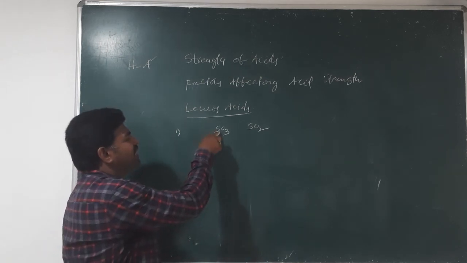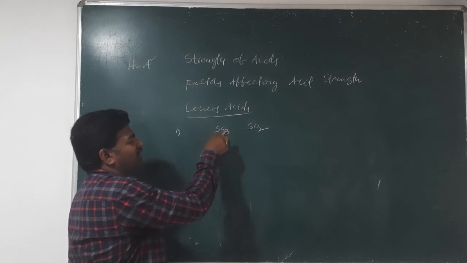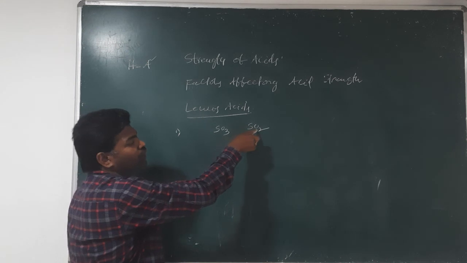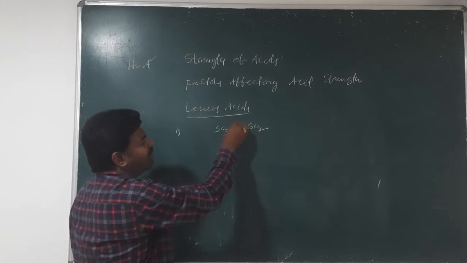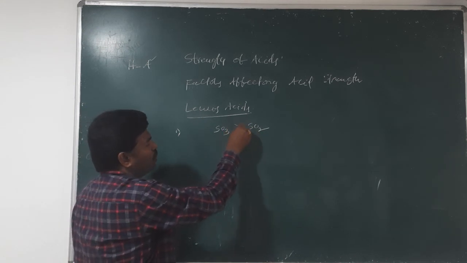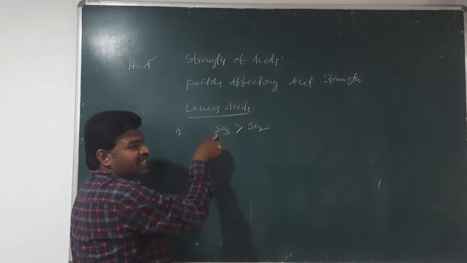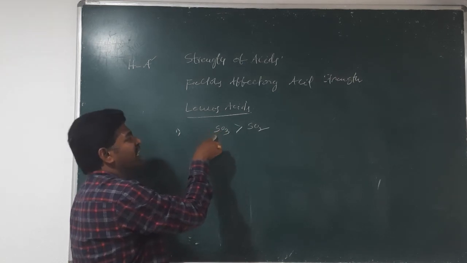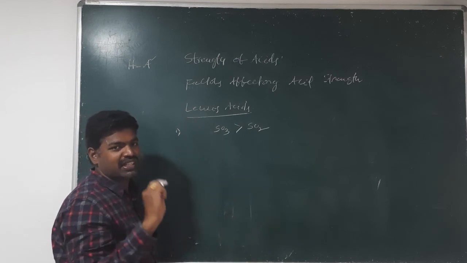So, here 3 oxygen atoms are attached to the sulfur, and here only 2 oxygen atoms are attached to the sulfur atom. So, the Lewis acid in which more electronegative atoms are attached to the central atom is the strongest Lewis acid.